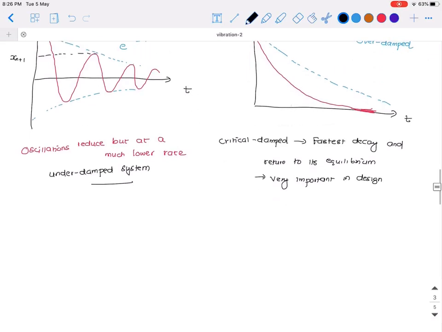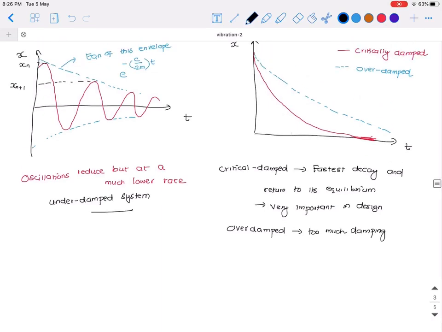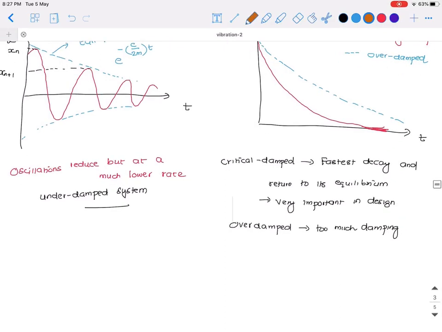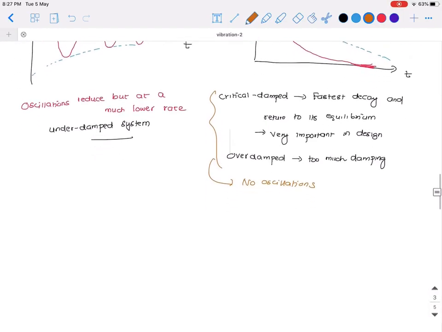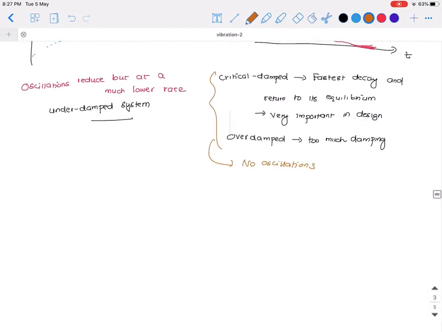Then we have the overdamped system. This is represented by too much damping, which means that it takes a lot of time to come back to its equilibrium, and both of them are characterized by no oscillations. Okay, both critically damped and overdamped systems do not involve any oscillation.